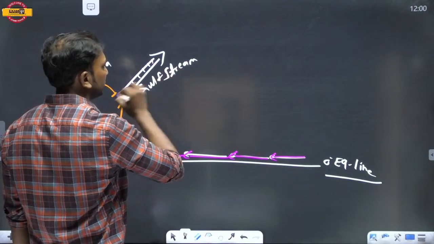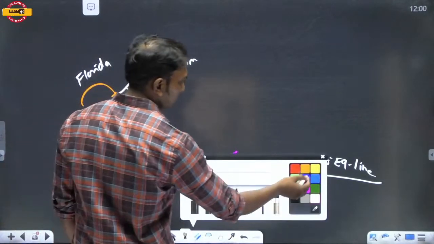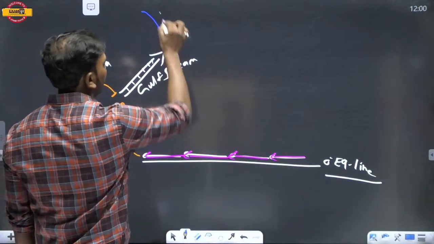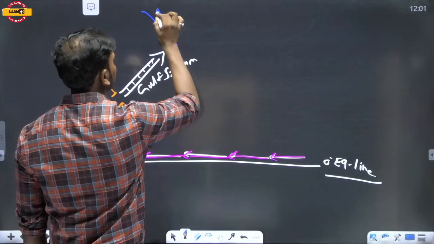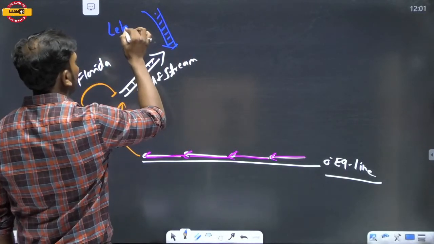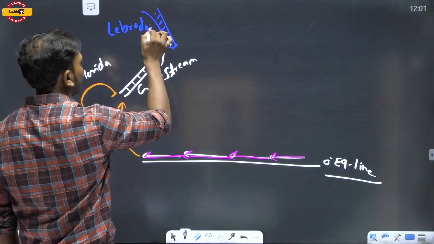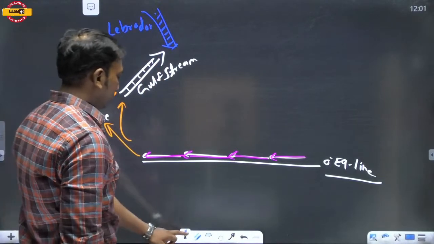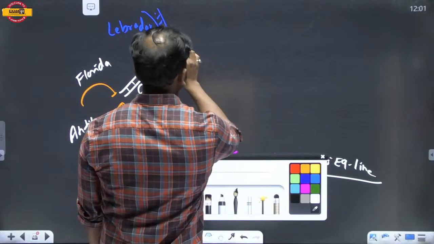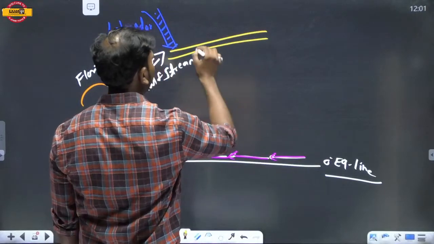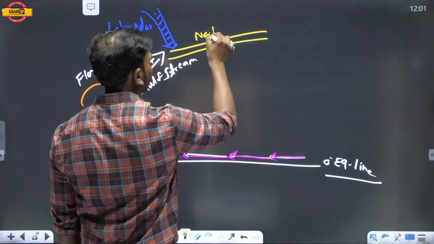Now you see the Gulf Stream is there, and there is also a Labrador current coming. This one is Labrador, and because of the merging of these two currents, there is formation of another one, the North Atlantic Drift.